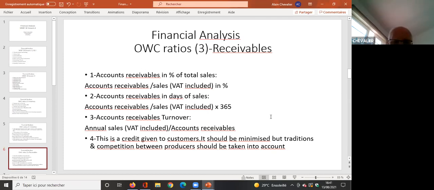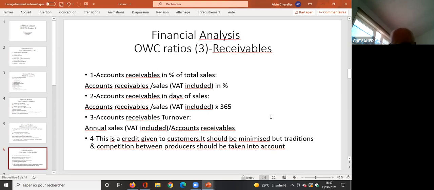This is for the traditional accounts receivables. You have a third measure for the accounts receivable, and it is the turnover. It's just what we have seen twice at least, and we started the first explanation on the assets. We have the annual sales, VAT included, and you divide by the accounts receivable.